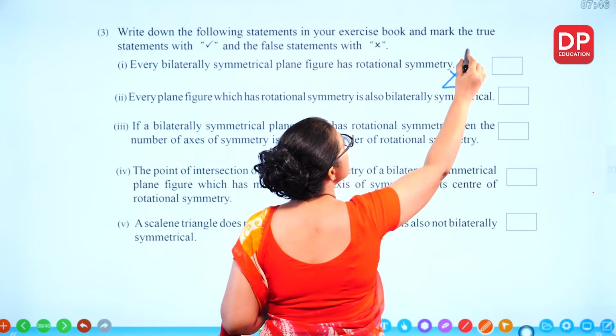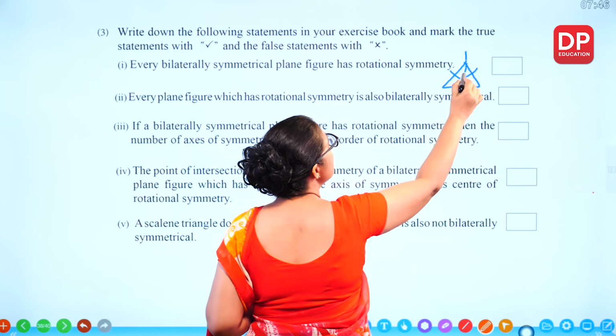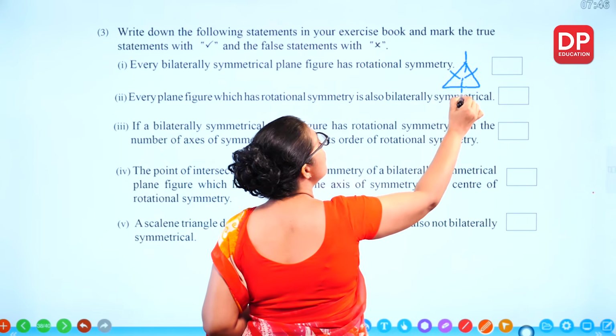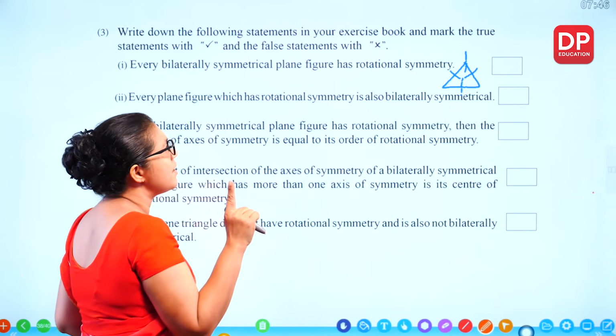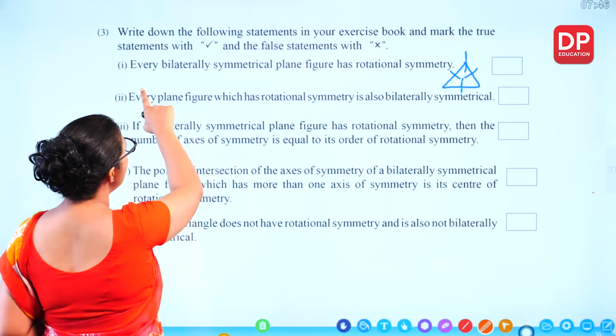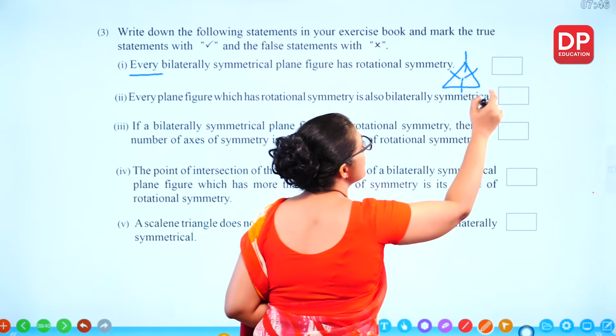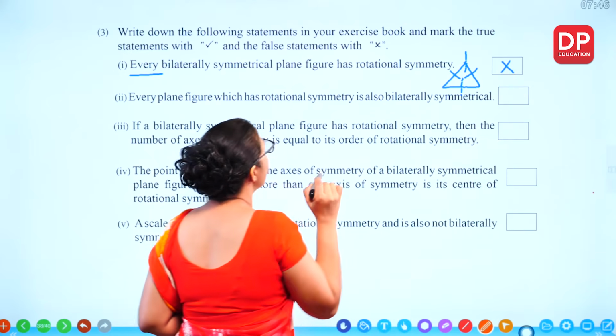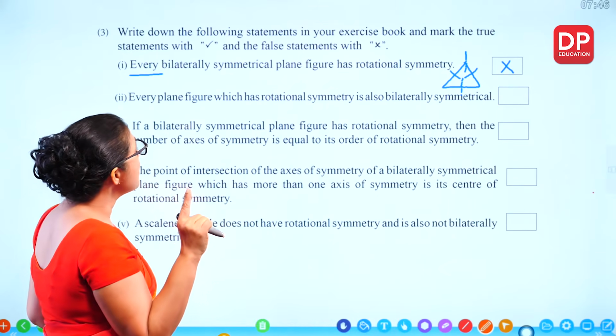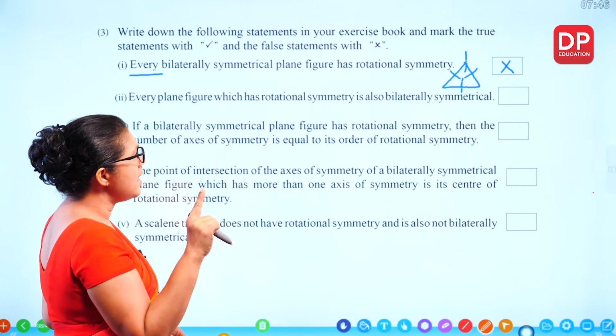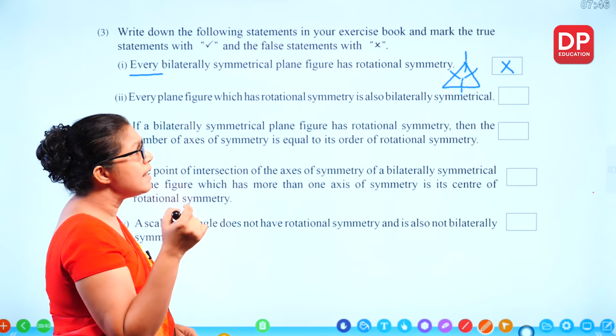Bilateral symmetry is there, but there's no rotational symmetry. So we can't say every bilateral symmetry plane figure has rotational symmetry. That's wrong.